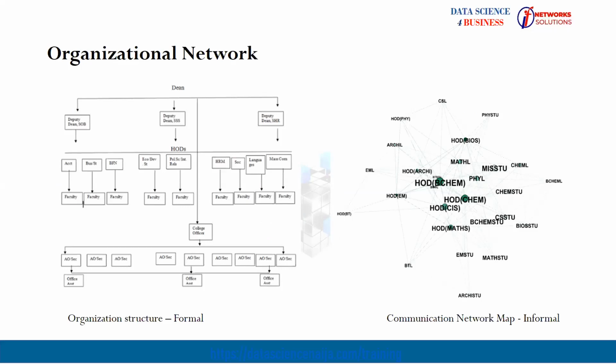You have your deans, you have the VC and all that. But this same organization can have an informal network, which is what I have on this side. This informal network can be captured as a communication network, and that's what we can now analyze to provide the insights that we are talking about.